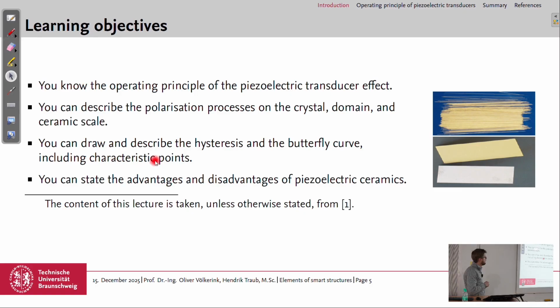And you can draw and describe the hysteresis and the typical butterfly curve, including characteristic points. I will introduce these two curves in this lecture, and they are also part of the labs. And then at the end, you can also state advantages and disadvantages of piezoelectric ceramic materials compared to other materials.